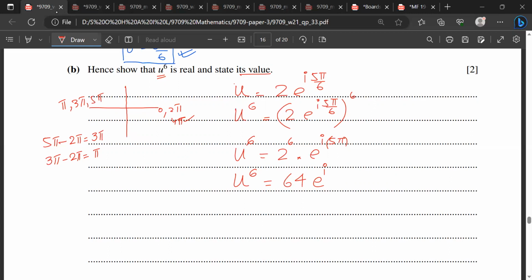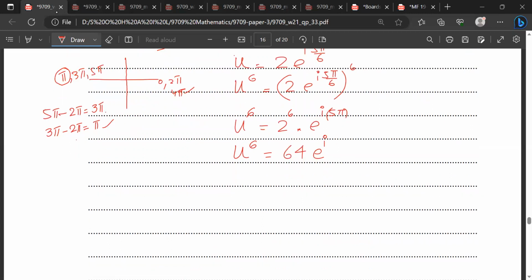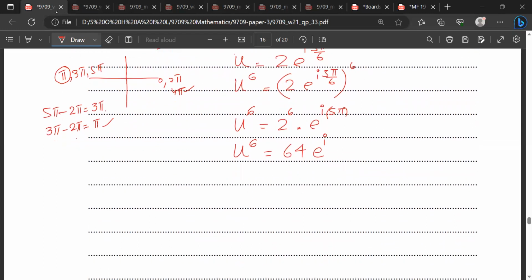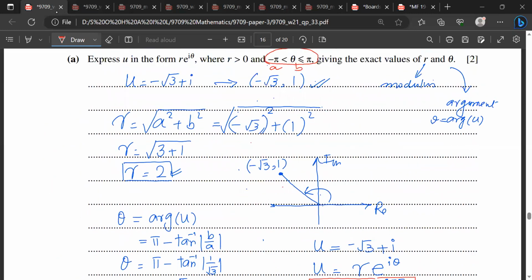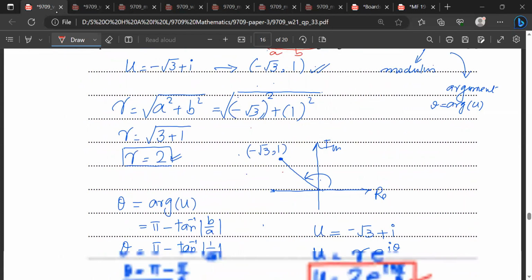So instead of writing 5 pi, use that, and this can be obtained simply by subtracting 2 pi. If not in the range, again subtract 2 pi. So we have that value, which is the required condition for the argument.